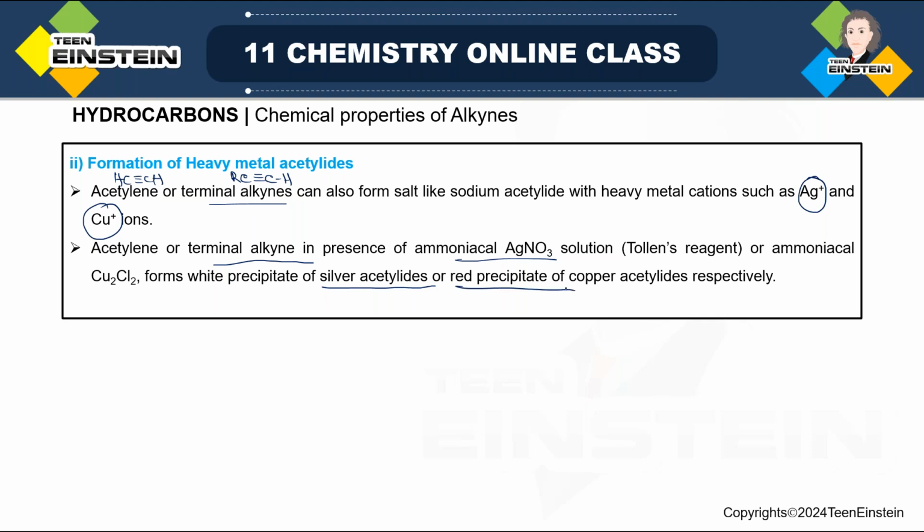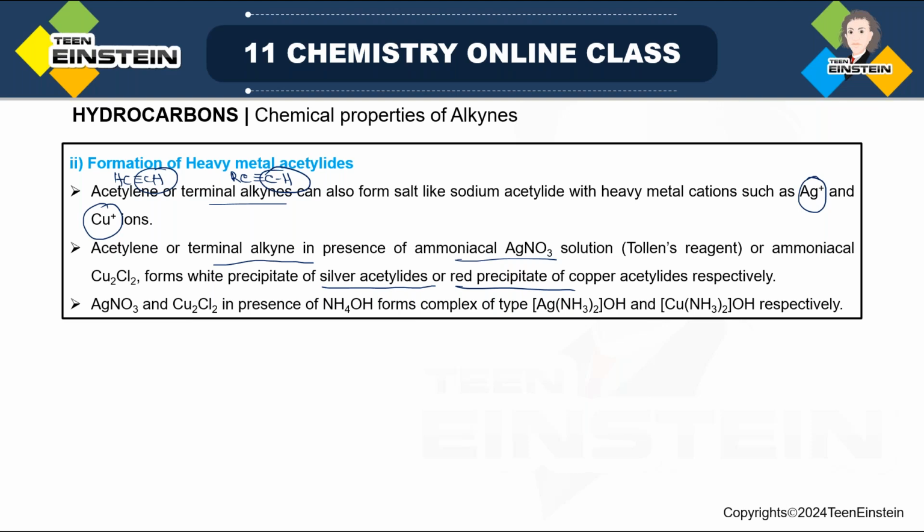From this color, it is common sense that we can say this reaction can be used to determine whether you have a terminal alkyne or not. Suppose you have an alkyne and you want to know whether it is terminal or internal. Internal alkyne means where you do not have any terminal CH bond. Then you can do this test, because only if you have this type of terminal carbon hydrogen bond is this precipitation possible. So this is a proof, evidence.